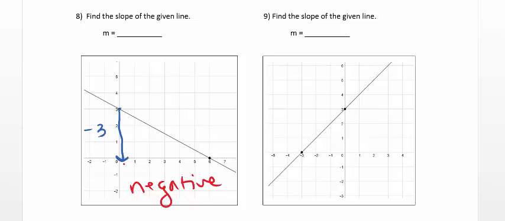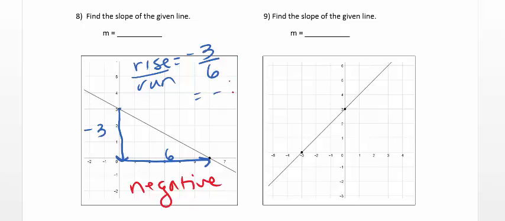And then I had to run across to the right 6 units. So our rise, which means I had to come down 3, over our run, positive 6, and I can simplify that to be negative 1/2. So our slope is going to be negative 1/2.